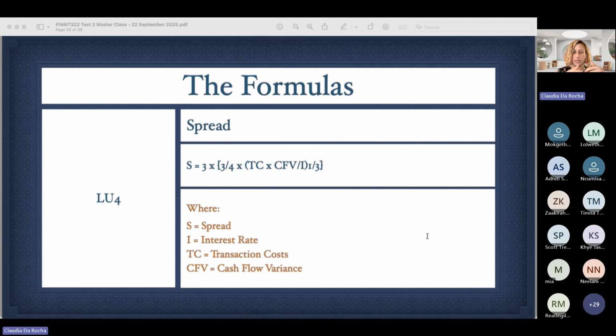So a lot of these I've created based on the information in the textbook, and a lot of them will not be on your formula sheet. If you find it easier to understand finance with formulas, then yes, you would need to know them so that you can tackle the question. I hope that answers you, Lisa.